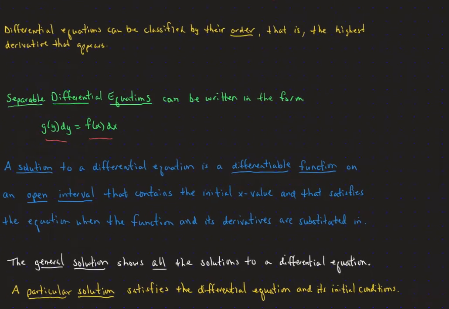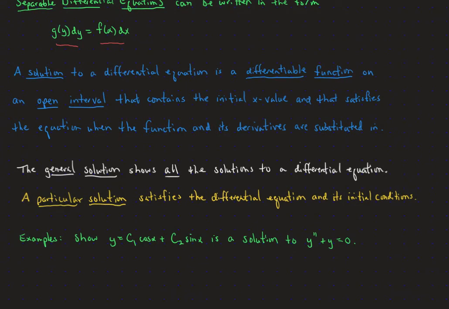A solution to a differential equation is a function. It's a differentiable function on an open interval that contains the initial x value and that satisfies the differential equation when the function and its derivatives are substituted in.